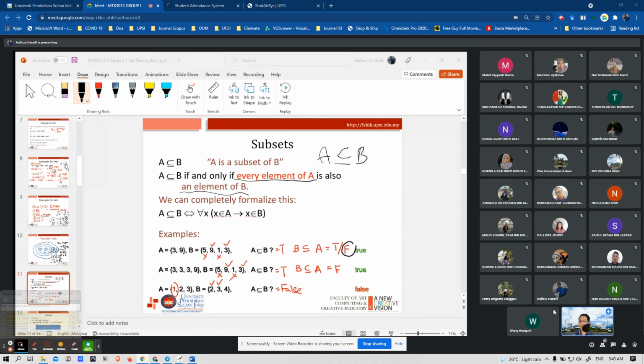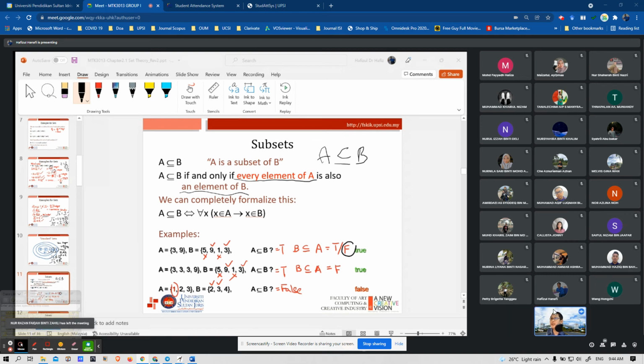In mathematics, a set A is a subset of B if all the elements of A are also elements of B, and B is then a superset of A.